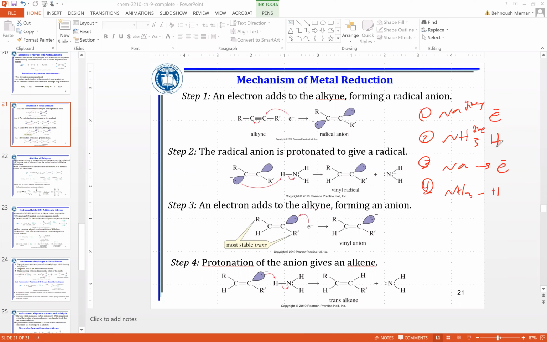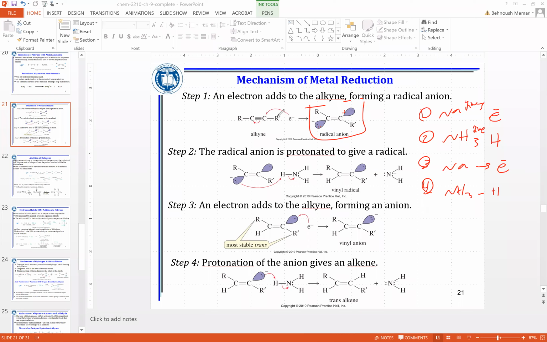The part that makes sure the product is trans is the initial or the first step. Remember I said if you have the electron that's coming from sodium, it would be on the top. The pair of electrons would go in the opposite direction at the bottom. This backbone of the molecule already translates to a trans.